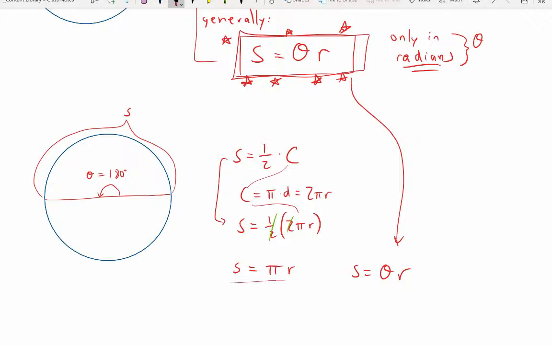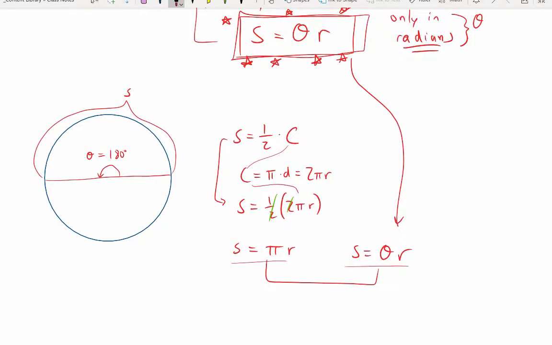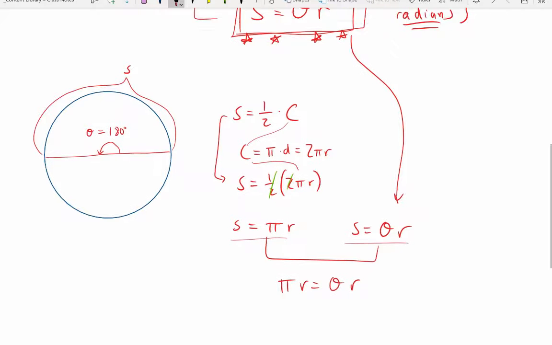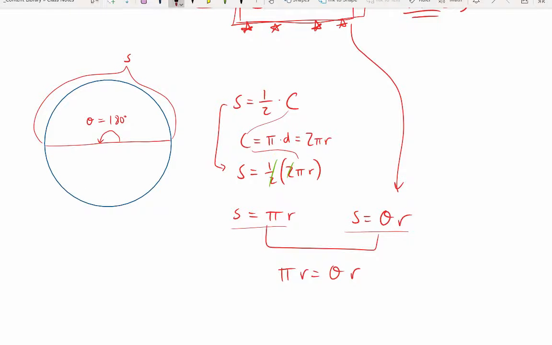So if we have two different expressions that are both equal to S, we know then that pi r has to be equal to theta r, and that would mean that pi is equal to theta if we just divide out the r. So pi is equal to theta, where theta is measured in radians.